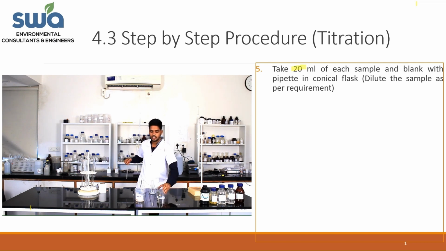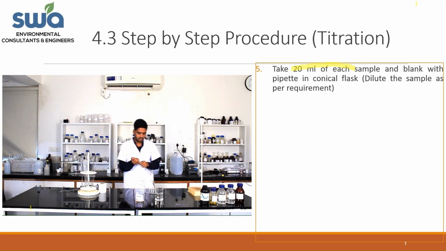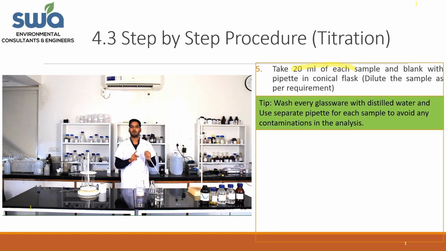We have taken 20 ml of sample, and we will take another pipette to add distilled water. Make sure every glassware you are using in this process is washed with tap water and distilled water to avoid any contamination, and use a separate pipette for every reagent or every sample.